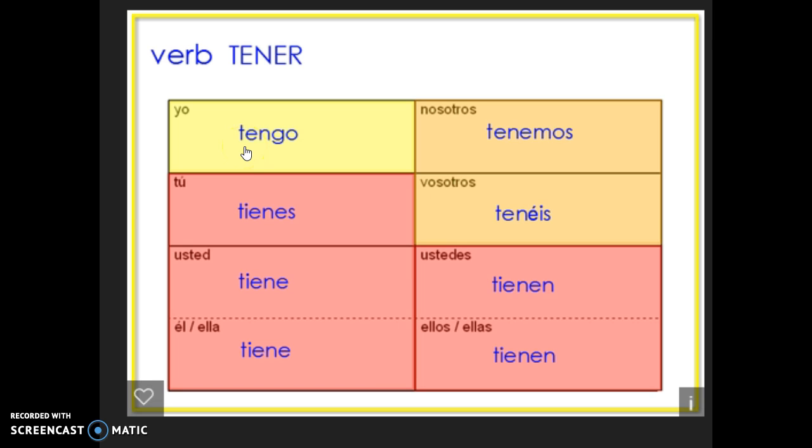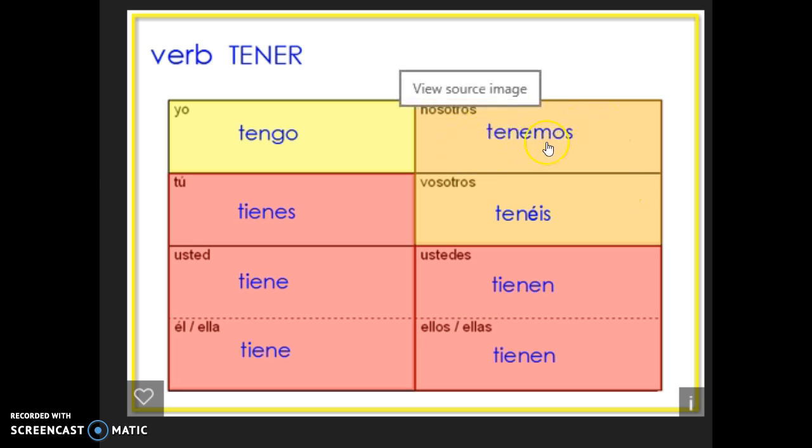So once again, where tener is a high top verb, in my second person singular or tú conjugation, the E changes to an IE. In my third person singular or the él, ella, and usted box, the E changes to an IE. And finally, in my third person plural conjugation, the ellos, ellas, and ustedes box, the E changes to an IE.